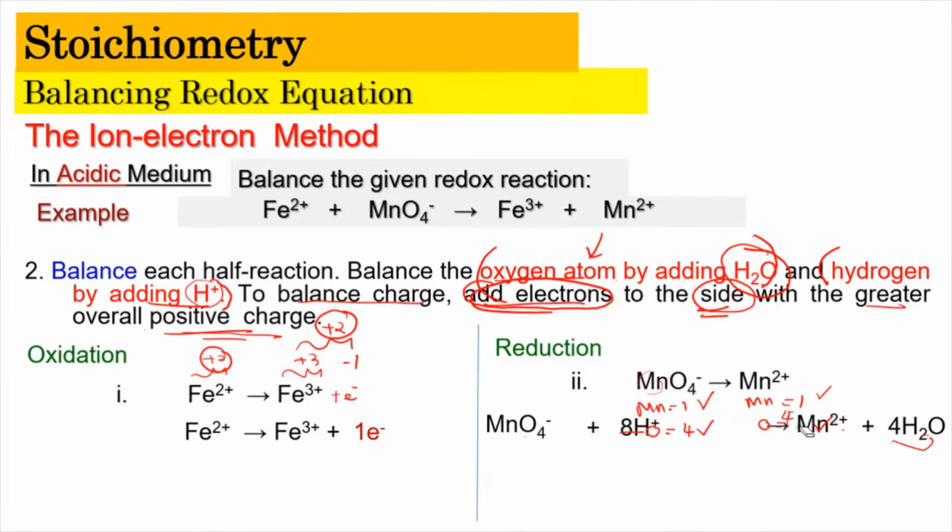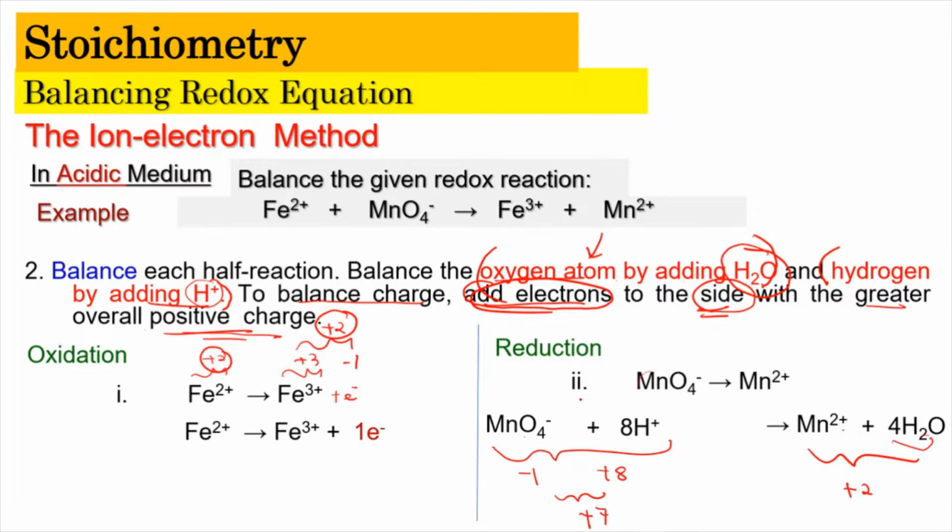Now we're going to check the charge before we proceed. For the charge here, you can see that the total charge here you have -1, and then here you have +8. So the overall charge here is +7. In here, this one refers to 0. So you only have +2. So +7 and +2, it is not balanced.